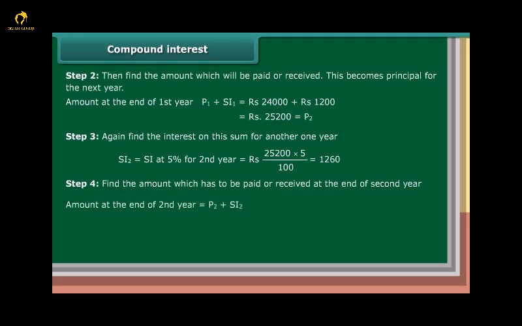Amount at the end of second year is equal to P2 plus SI2 is equal to rupees 25,200 plus rupees 1,260 is equal to rupees 26,460. Total interest given is equal to rupees 1,200 plus rupees 1,260 is equal to rupees 2,460.